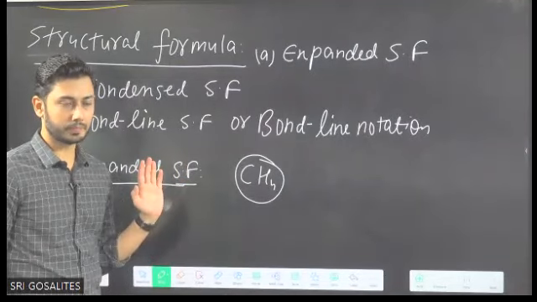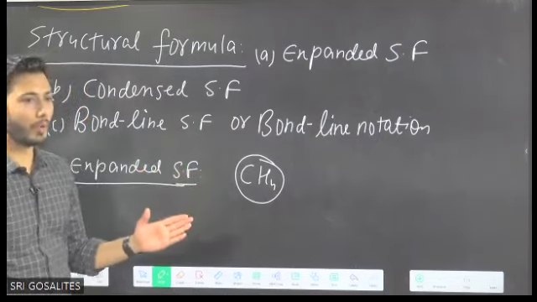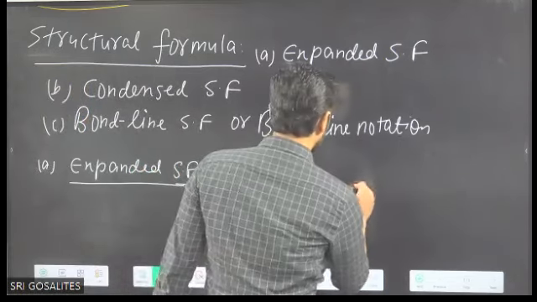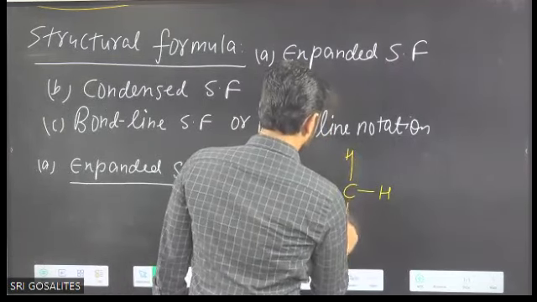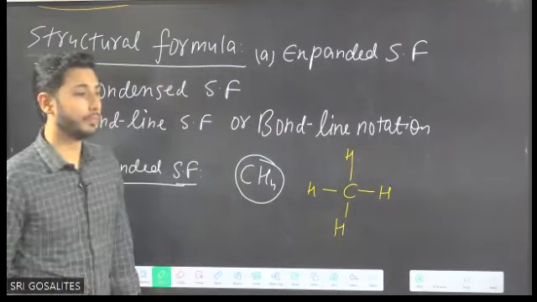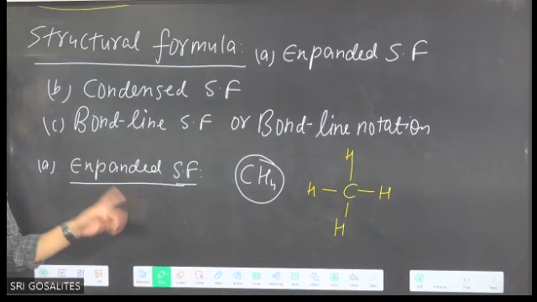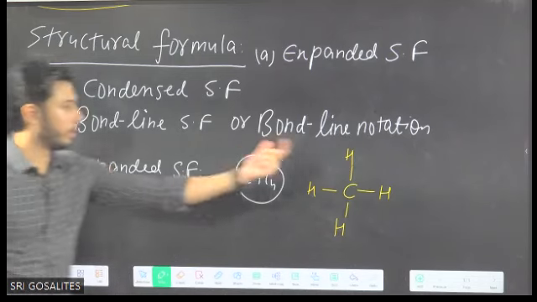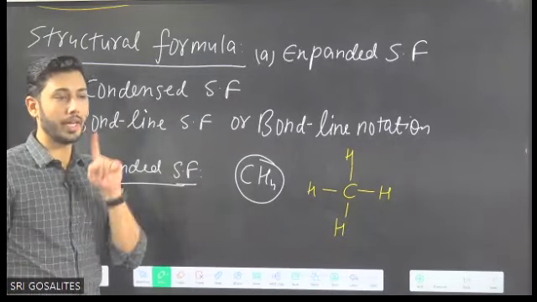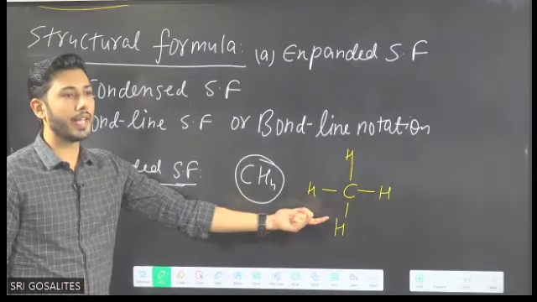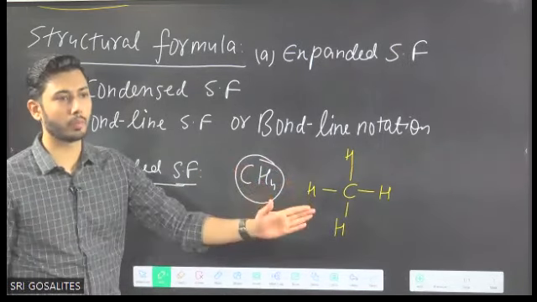Four, because carbon is tetravalent and can form a maximum of four bonds. So you can represent it in this manner. Which form is it? Expanded form. Each bond we have to show. That is the meaning of expanded structural formula.